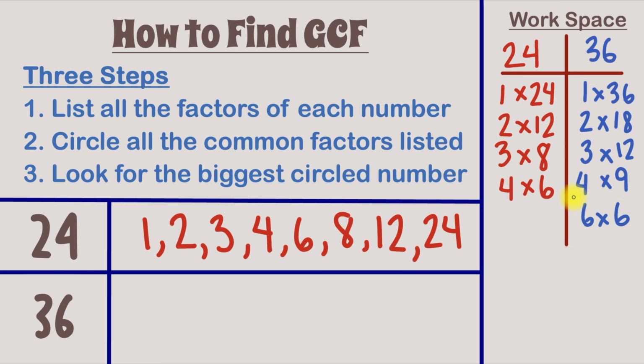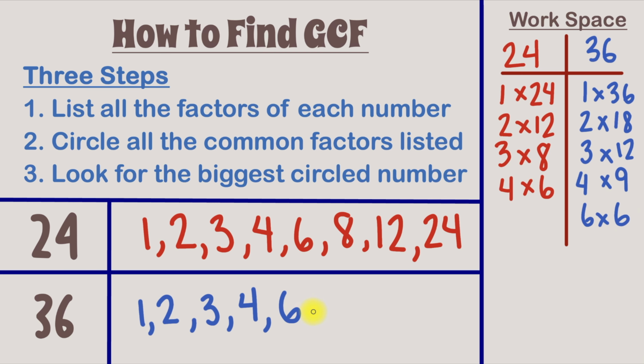And this means we can write all of our factors for 36 in order from least to greatest right here. So we've got 1, 2, 3, 4, 6, and because this is the same value, I don't need to write it here twice.